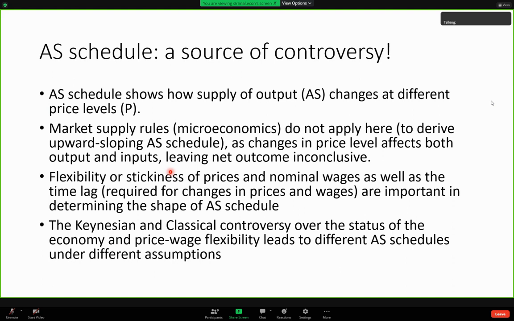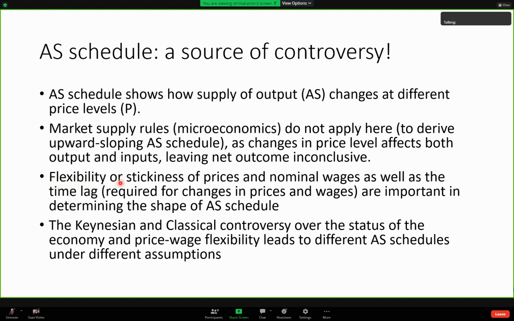So not only the output, but also the inputs, the prices of all these things go up, which means the net outcome is not conclusive. That's why microeconomic rules don't apply here.